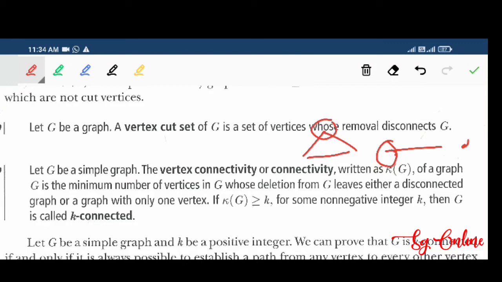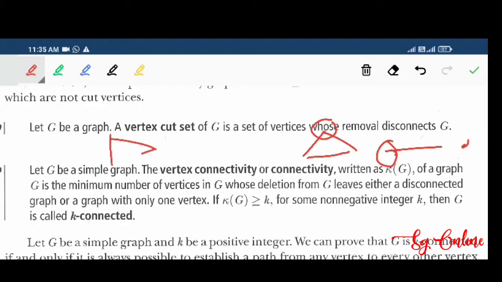Deletion of any one vertex from the graph is neither giving you a disconnected graph nor a single vertex graph. You are getting an edge with its two endpoints, which is a connected graph, and so at least you have to remove two vertices to get a single vertex graph from here.